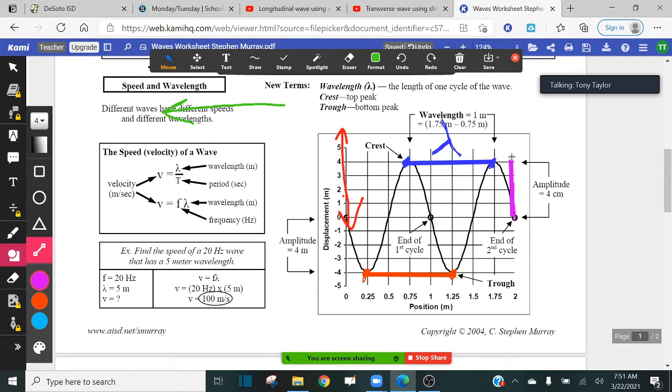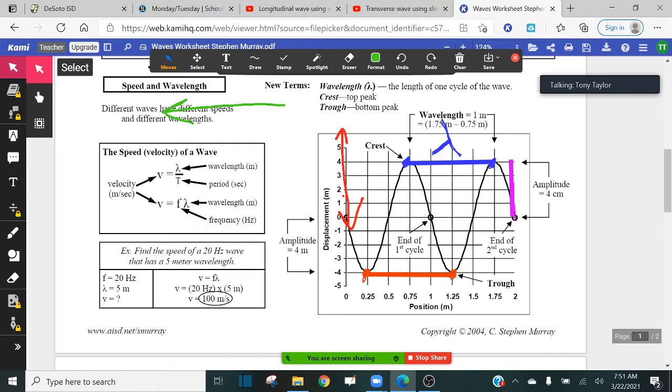In this case, my amplitude is 4 centimeters. So amplitude just refers to the height of the wave as measured from the midpoint. Again, just reviewing those terms.